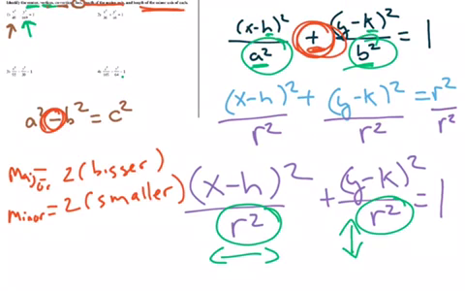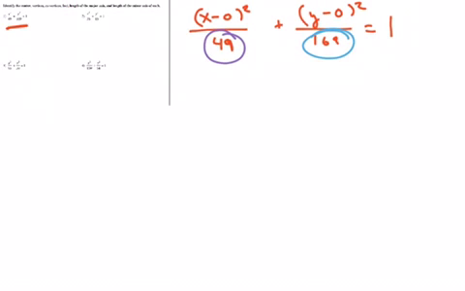Okay. Also note here, we say a squared and b squared. That denotes that we must take the square root. So the square root of 49 is 7, and the square root of 169 is 13. Okay. So what does this mean?